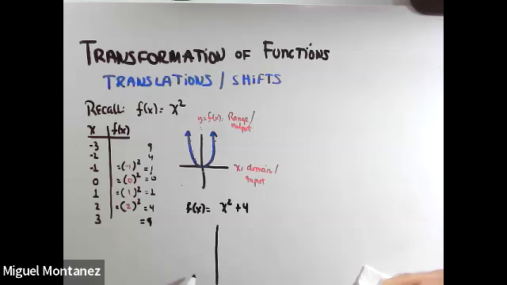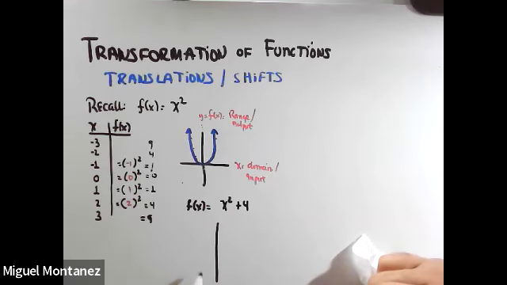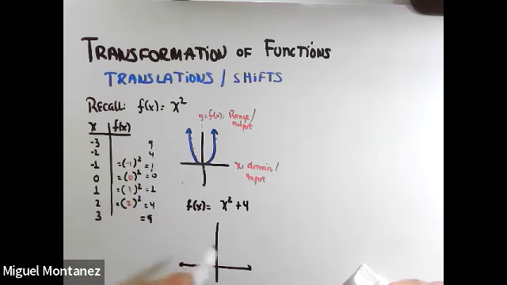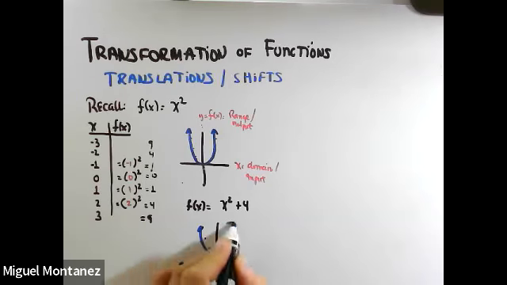Before, this point was at (0, 0). Now we're here at 4, and then we have the same behavior of the graph. It's supposed to be the same tail. It's symmetric.